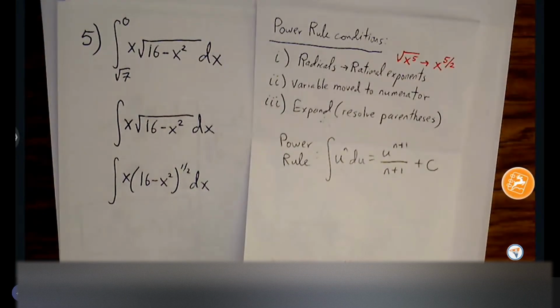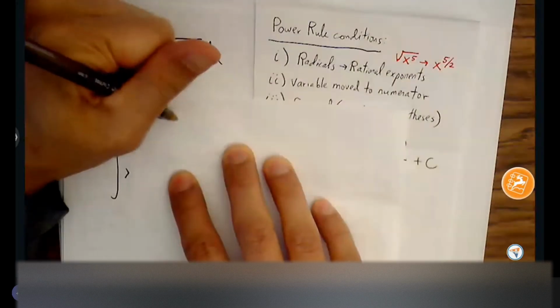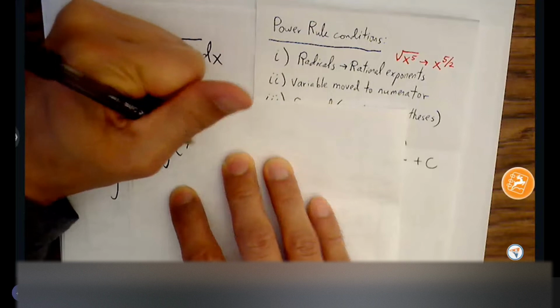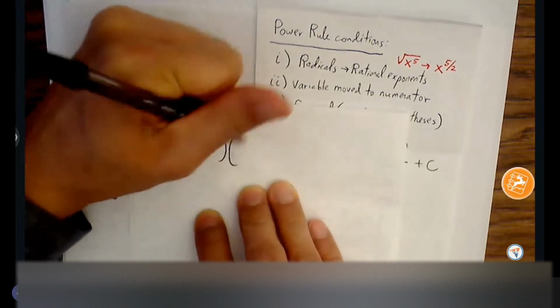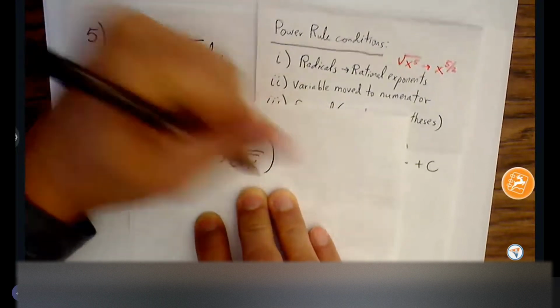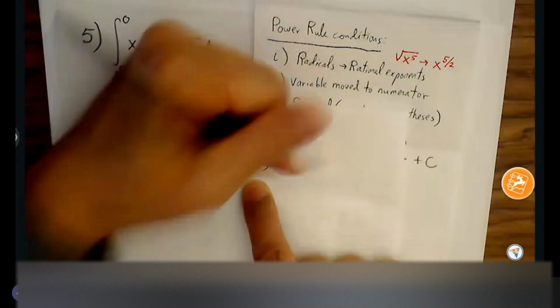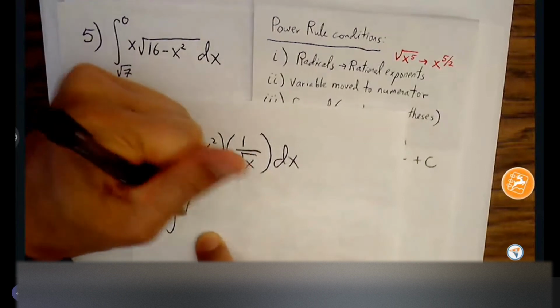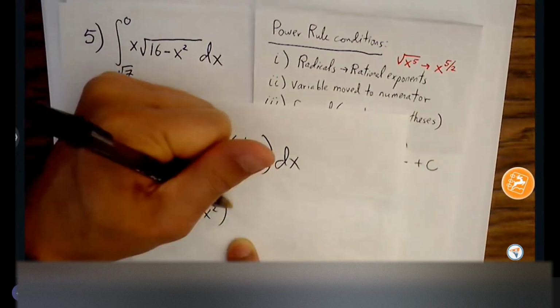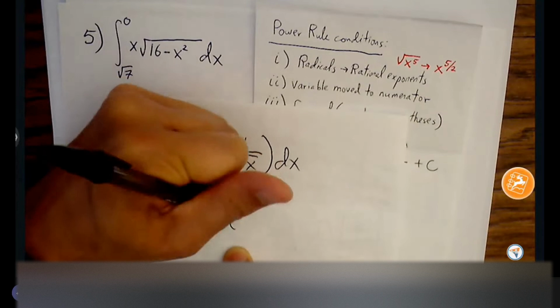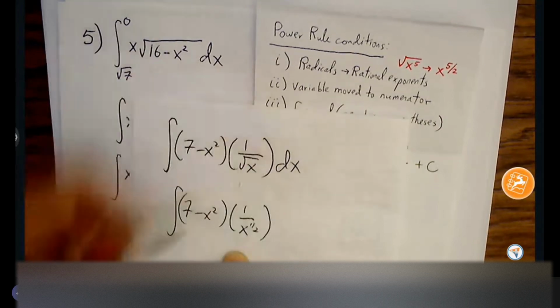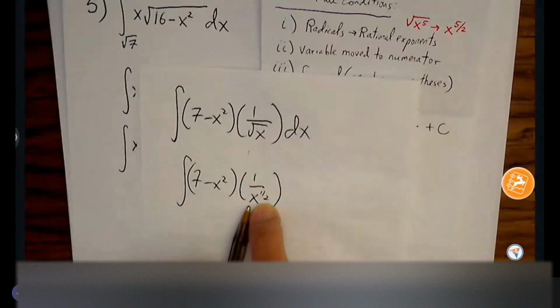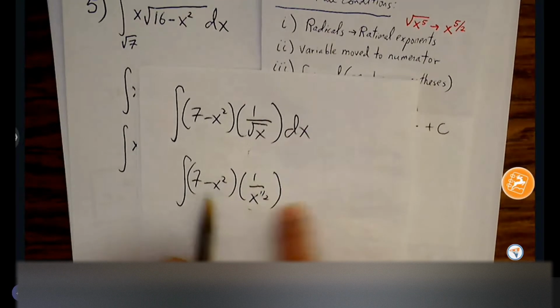Let me give you a quick example here. Something like this. Even though this is square roots, the square root is relatively clean. It's just x to the 1/2. So this is nice and clean. We can bring that up to the top, distribute through, and no worries here.